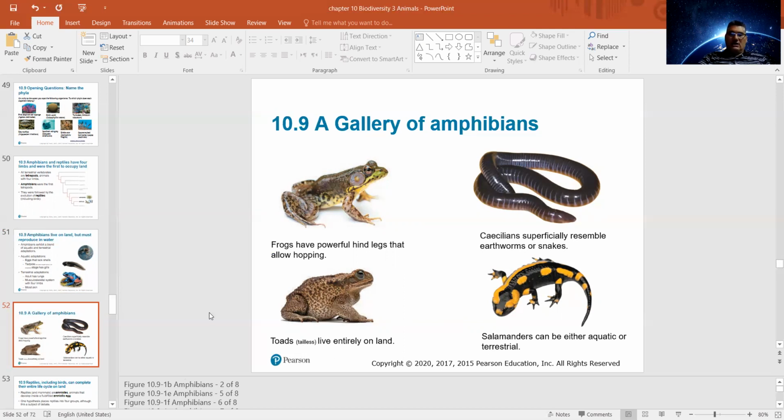Toads are another type of amphibian, and toads means tailless. They don't have tails, so kind of similar to frogs. And then the salamanders, which can be either aquatic or terrestrial.